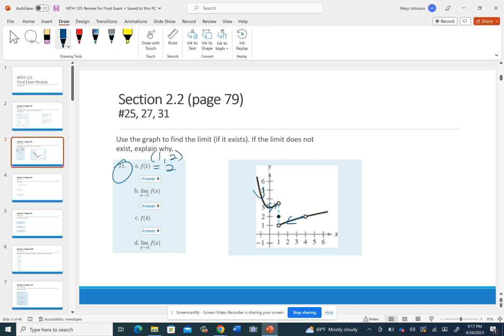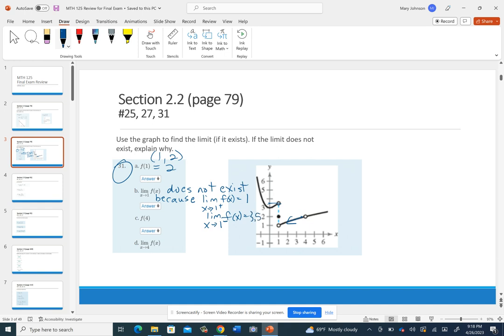So on this one, the limit as x approaches 1 does not exist because the limit as x approaches 1 from the right would equal what appears to be 1, while the limit as x approaches 1 from the left, from the negative side, looks like it's around 3.5, approximately.